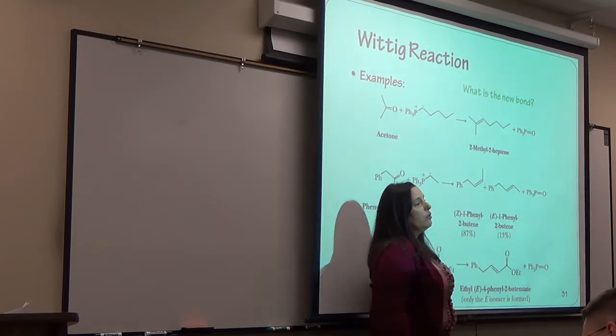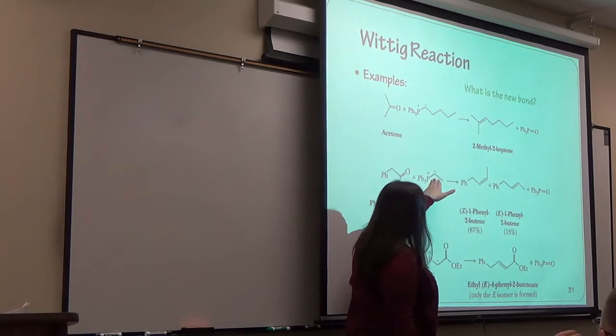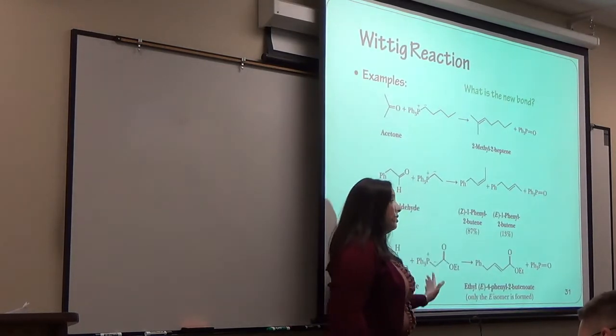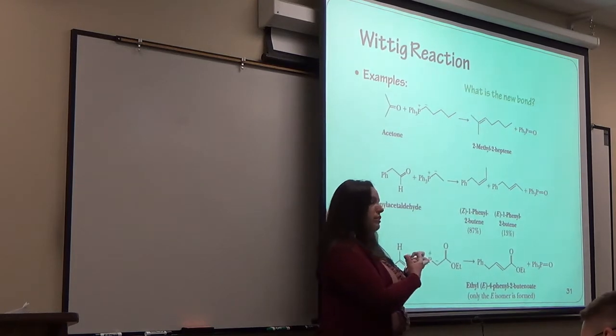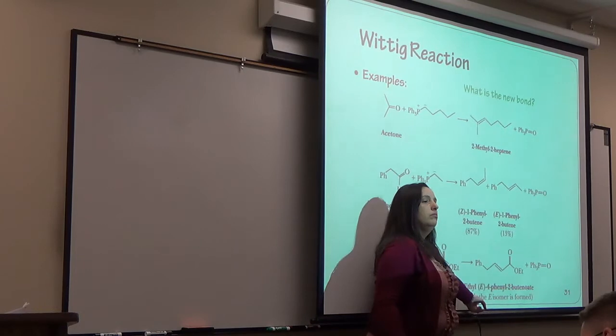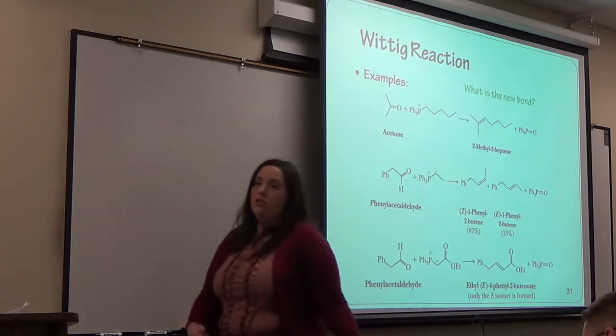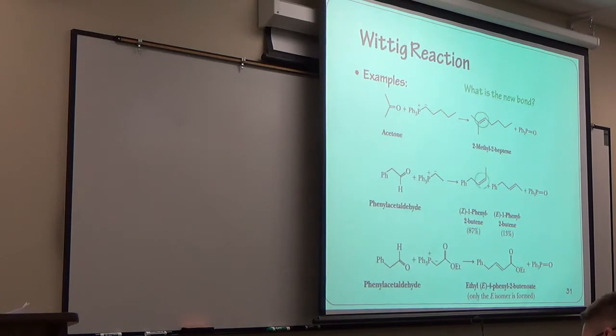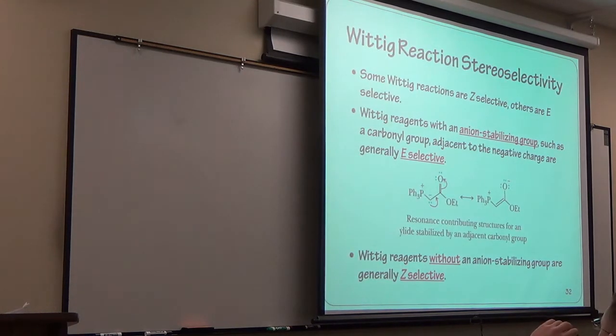So if the charge on the nucleophile is more concentrated, it gives you Z. If that charge is less concentrated on the carbon, it's going to give you E. That's something you want to consider for this reaction. And the new bond is the double bond, as we said.